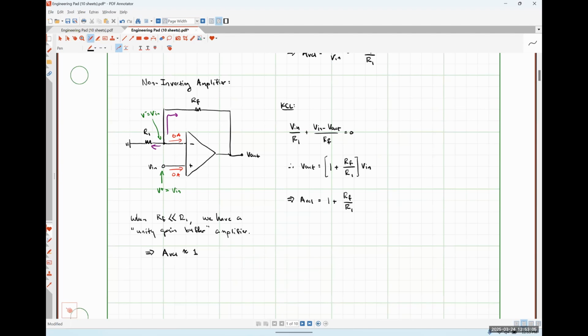So we would use a unity gain buffer essentially to be able to use those power supply voltages to inject current into our system that could be used to do something else. So you'll see unity gain buffers used a whole lot in instrumentation amplifiers and things like that.